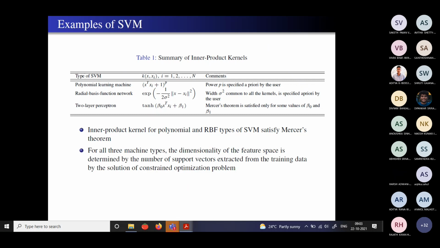And for all three machine types stated above, the dimensionality of the feature space is determined by the number of support vectors extracted from the training data by the solution of the constrained optimization problem that we see. And SVM avoids the need for heuristics often used in the design of RBFN and MLP.